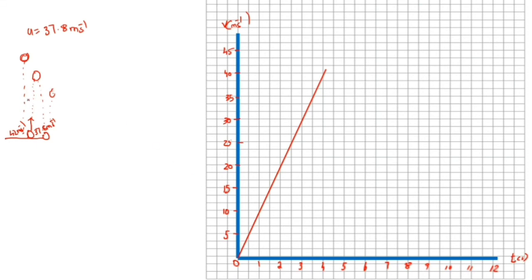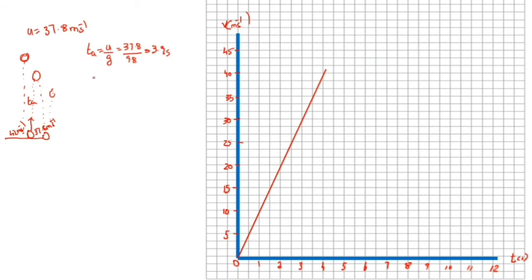Now you have to calculate how much time it will take to ascend, correct? Time of ascent. As we already learned that formula, time of ascent is equal to u divided by g. So in this case, while the ball is going up, U is given as 37.8 meter per second divided by 9.8 meter per second square, which is approximately 3.9 seconds.